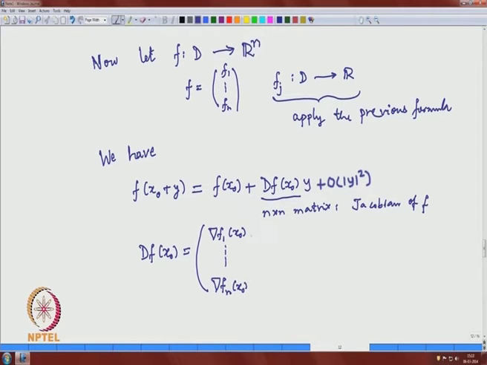So you write the gradient as a vector, the first vector coming from f1, second from f2, etc. So this is an n by n matrix.